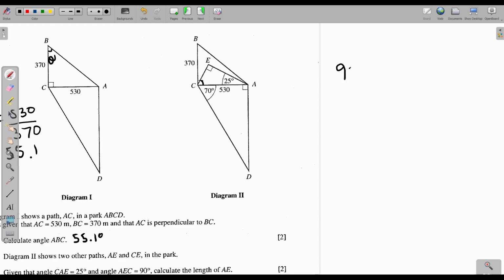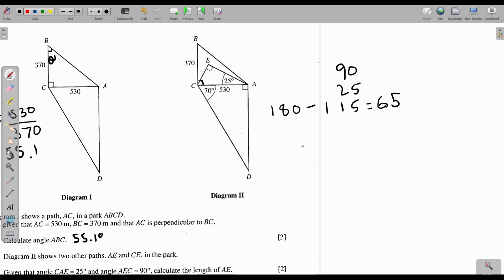Since we have our 90 and we have our 25, that adds up to 115, right? The sum of the internal angles in a triangle is 180, so I subtract that from 180, and we get 65. So we know this angle is 65.